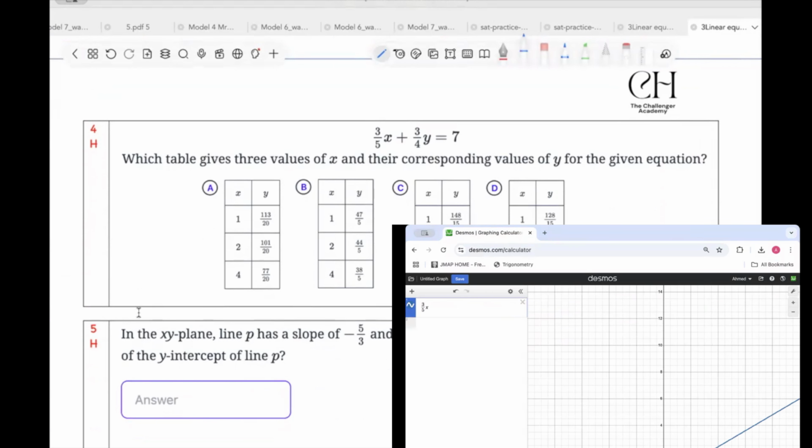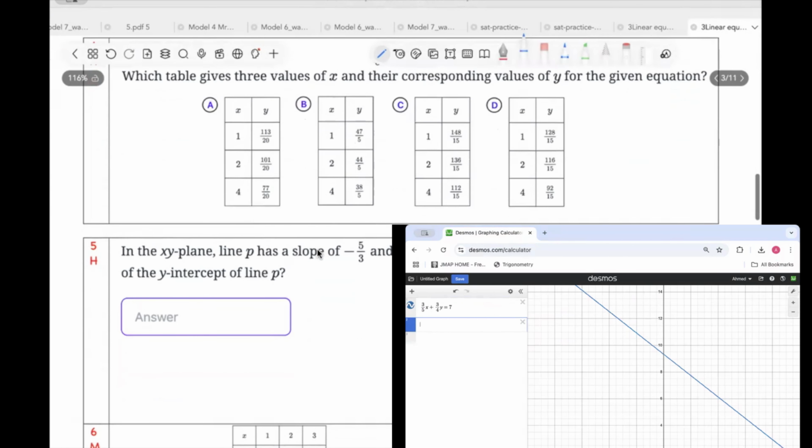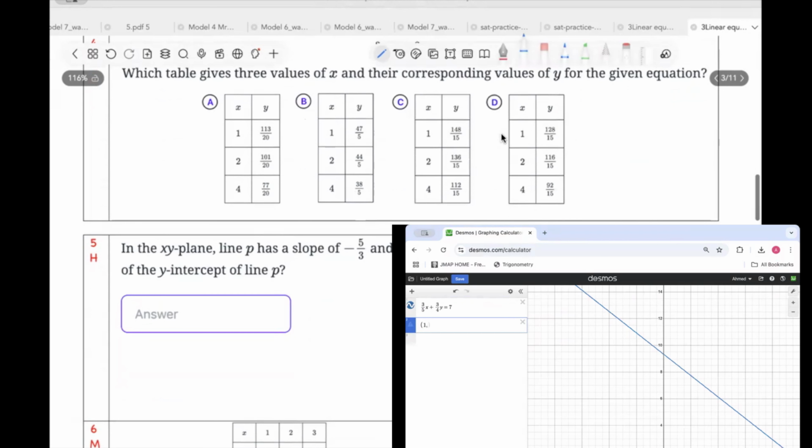This is the previous question. You can write down the equation, which is 3/5 x plus 3/4 y equals 7. This is the equation. You can pick one table and start to plot the values of x and y.